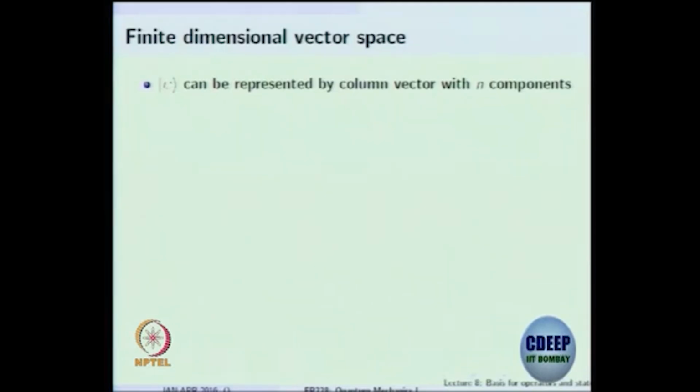In this finite dimensional vector space you can represent the ket by a column vector, and let the column vector have n components. So n equal to 3 is similar to what we saw in three-dimensional space, but you could have an abstract n-dimensional vector space where n is finite.